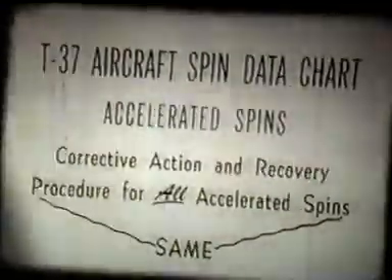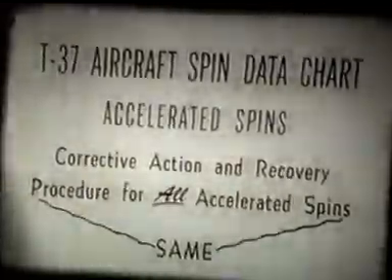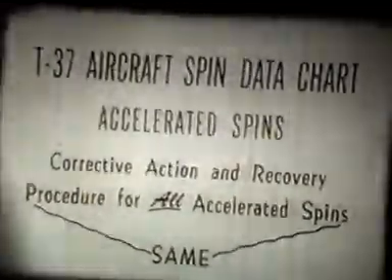The corrective action and recovery procedure for all accelerated spins is the same. Let's go through it. Inadvertently, you enter an accelerated spin. If power is on, close the throttles. Determine the direction of rotation.